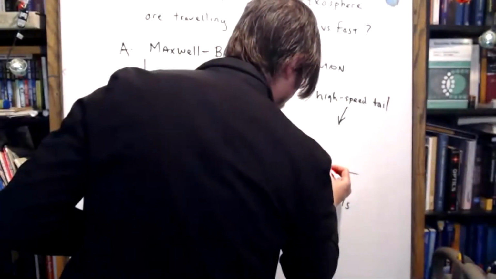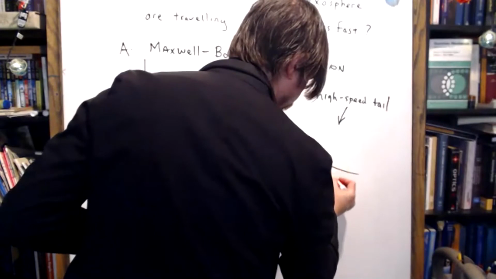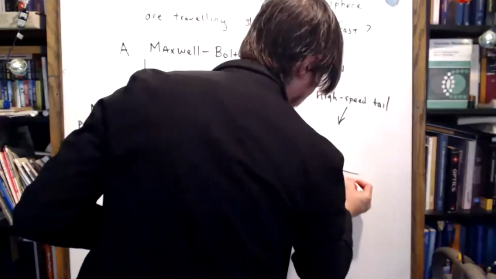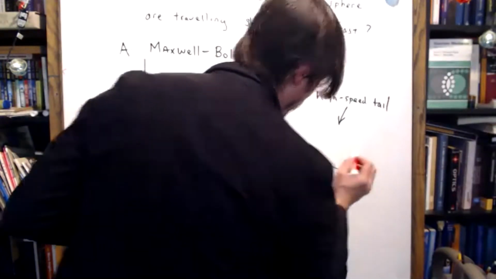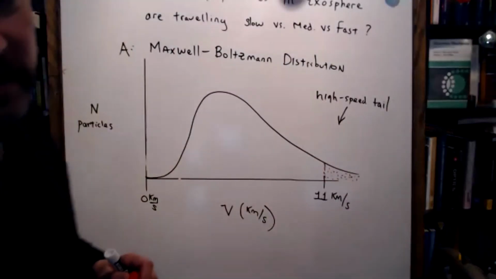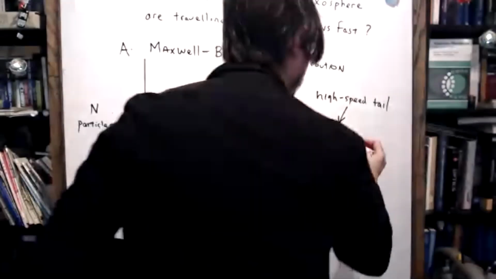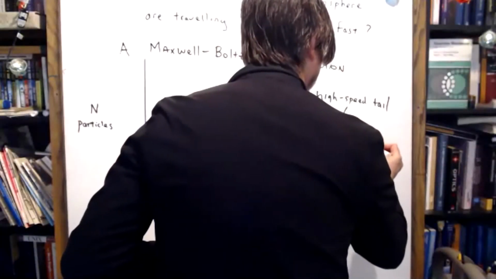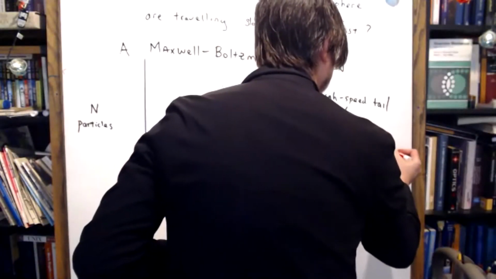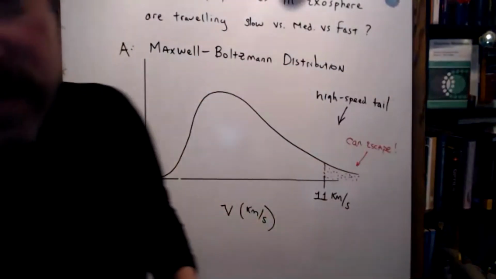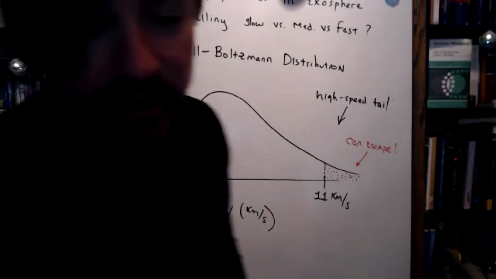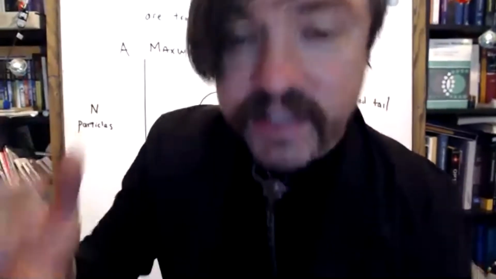This means in this red zone here, any gas particles occupying the high-speed tail in excess of the escape velocity, these particles can escape the gravity of your planet. And that suggests that there's always some particles that are leaking into outer space. Atmospheres are a leaky ship, okay? They leak into space.